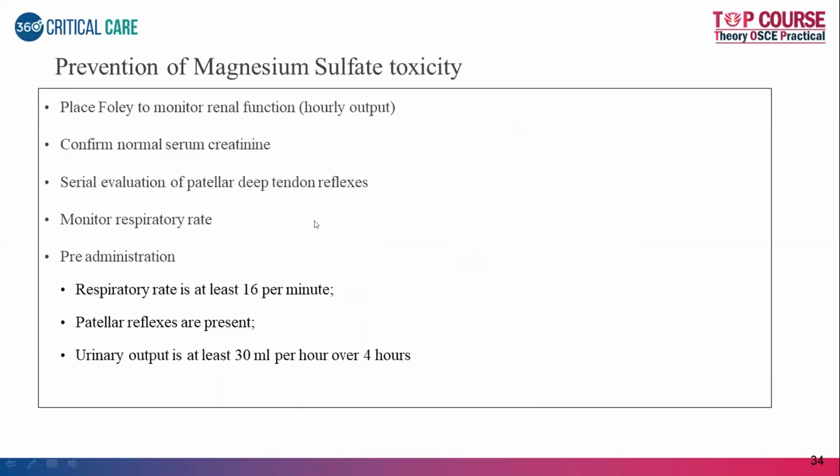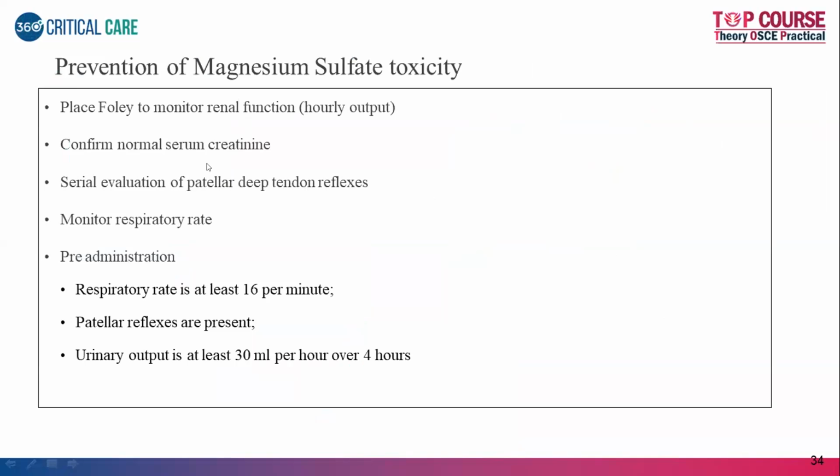Now, when you're giving magnesium, we need to monitor for toxicity, right? So how do you monitor or prevent the toxicity? First, in any patient on a magnesium sulfate infusion, please place a Foley's catheter and measure hourly urine output. Then confirm a normal serum creatinine.